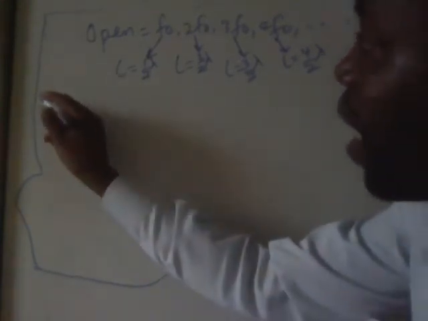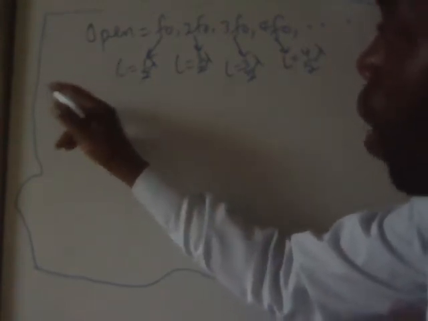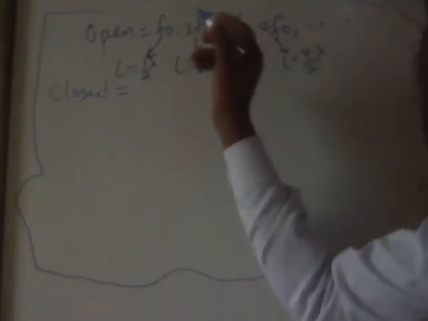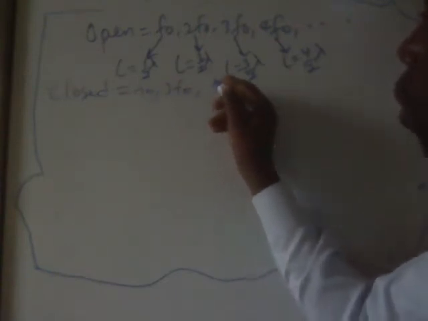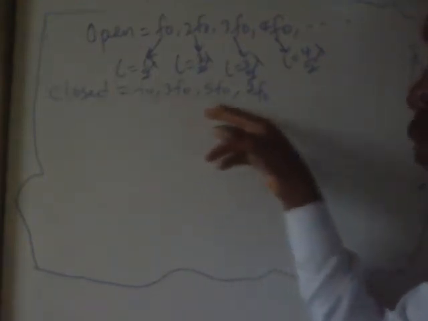For closed pipe, you start with L. We don't need closed pipe now, but let me just write it. For closed pipe, the frequencies are in odd numbers: F0, 3F0, 5F0, 7F0. That is odd numbers for closed pipe, integers for open pipe.